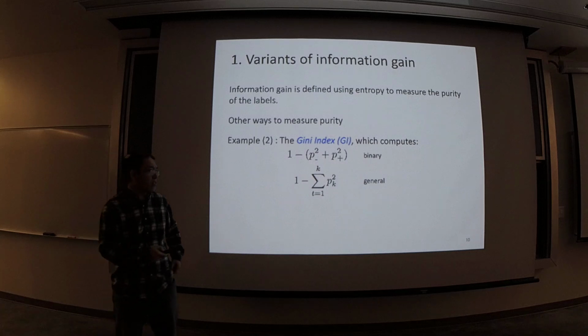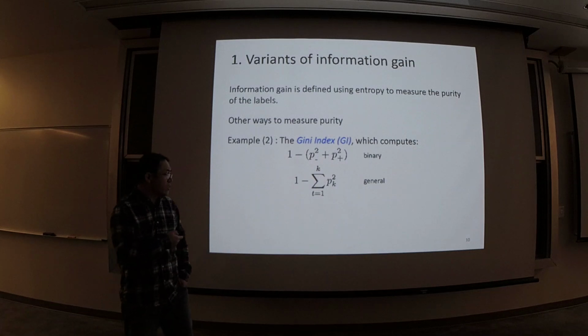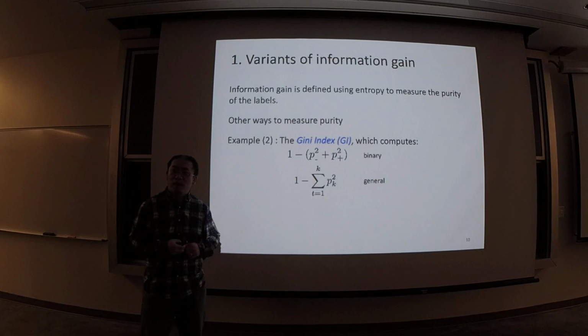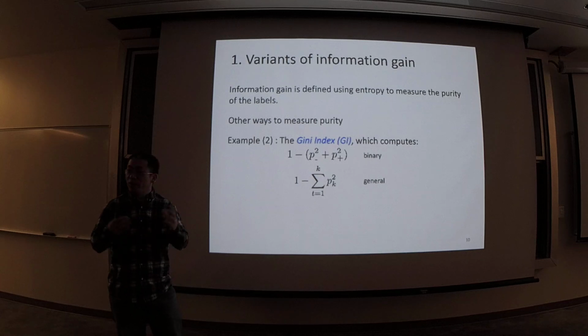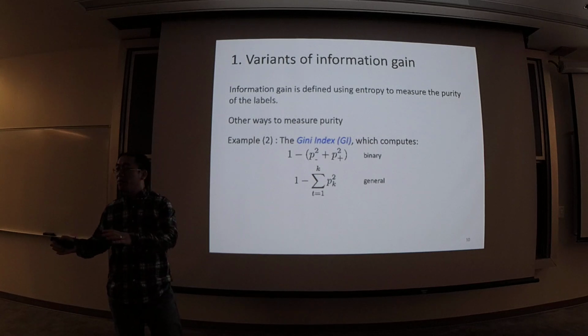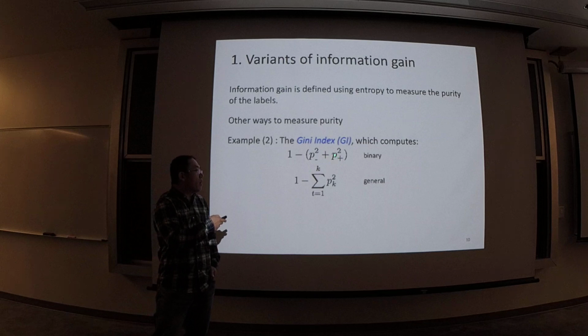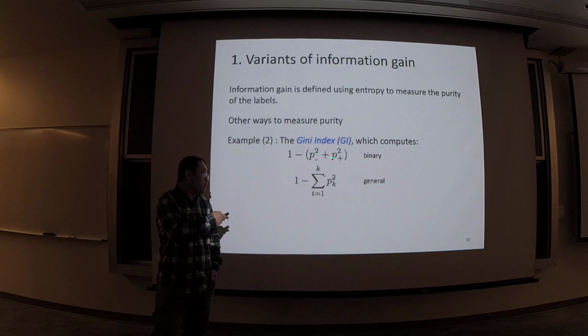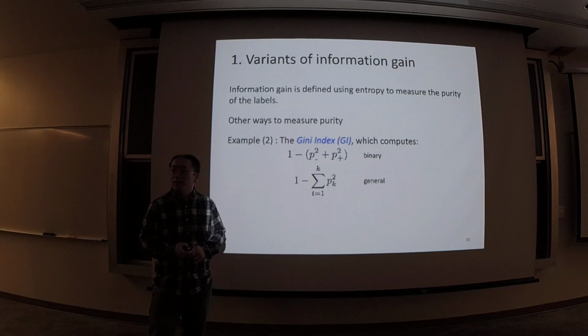So intuitively, consider the smaller Gini Index. That means some label is much larger than the remaining labels, so either p positive is quite large or p negative is quite large. Then one minus their square sum is smaller.